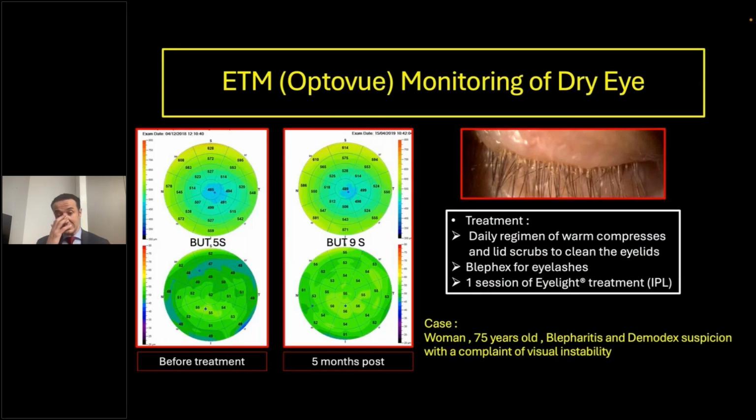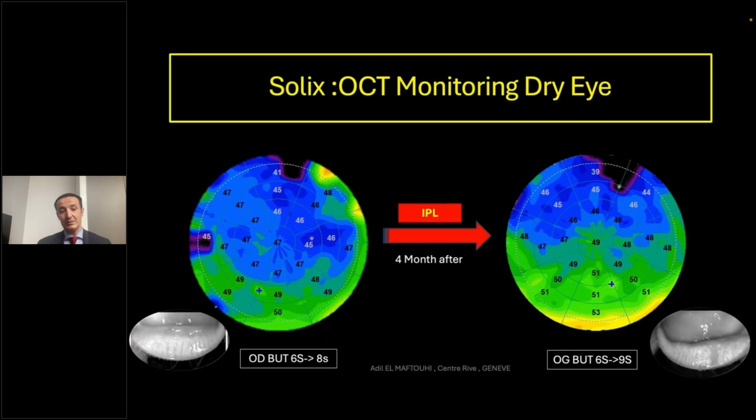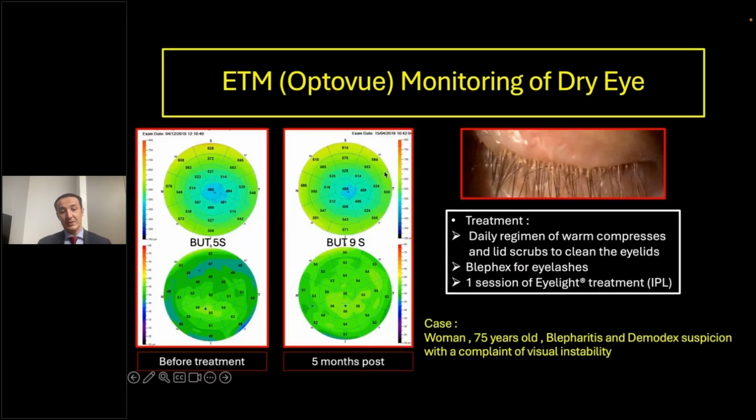And then we can also manage the dry eye patient with epithelium mapping and the clinical exam. And look, in this case the patient already had the treatment of the BLEFX and highlight IPL session. And look here, we observe a normalization 5 months after of the epithelium mapping, and also the increasing of the breakup time.